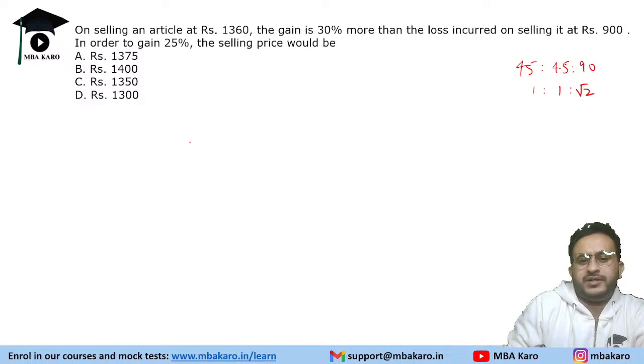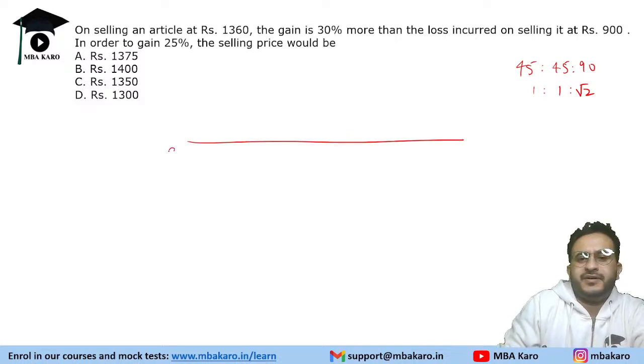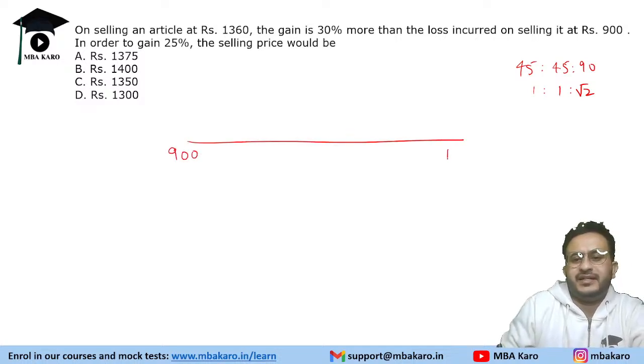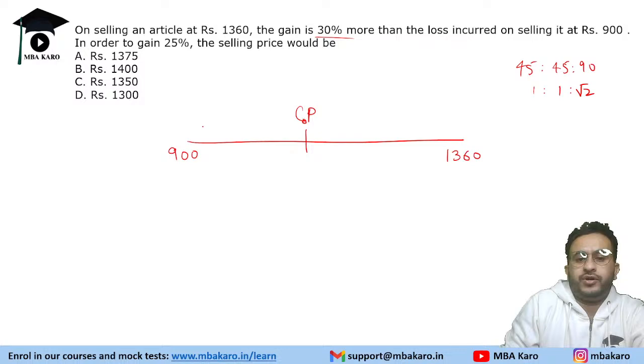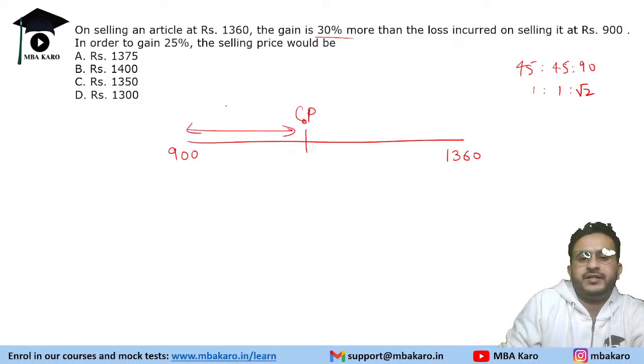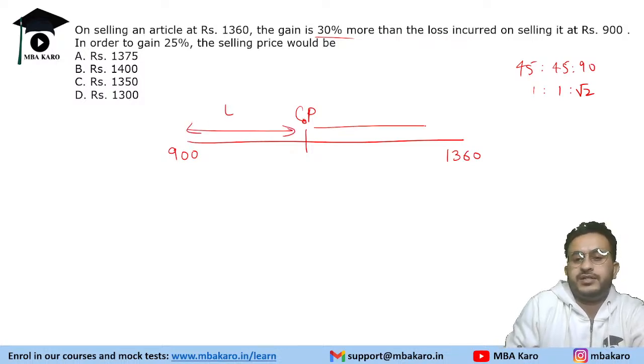Okay, so let's see this. In one case he's selling at 900, in another case he's selling at 1360. The cost price is not known, and the gain is 30% more than the loss incurred. So if he sells at 900 there will be a loss, and this will be a profit. Let us say the loss is 10x, the profit will be 13x.